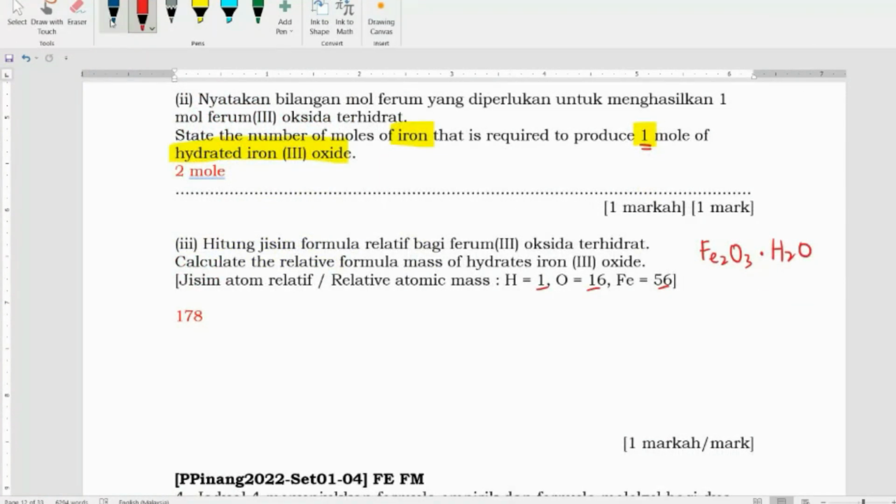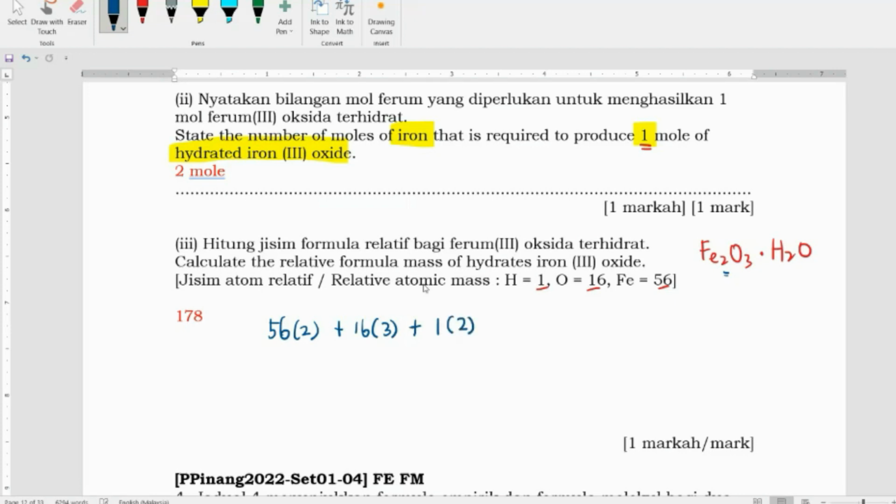Okay, so those who cannot. Iron is 56, right? It has 2, right? So times 2. Then plus O is 16. It has 3. Here dot, not times, it's still plus. Then H is 1.